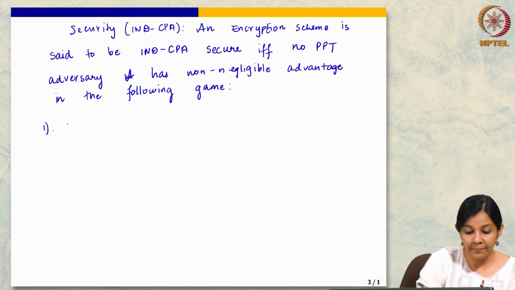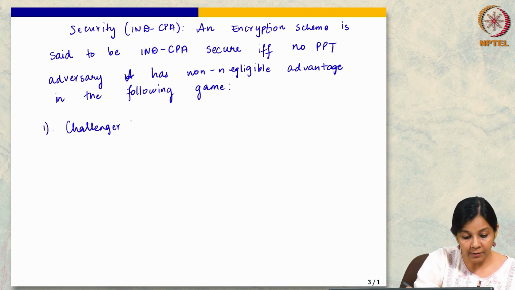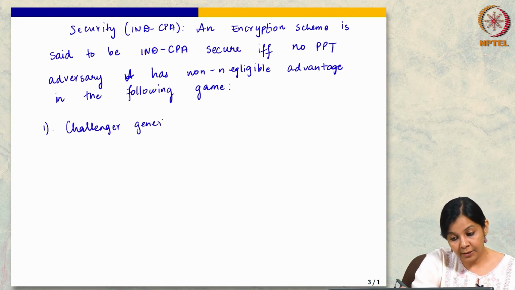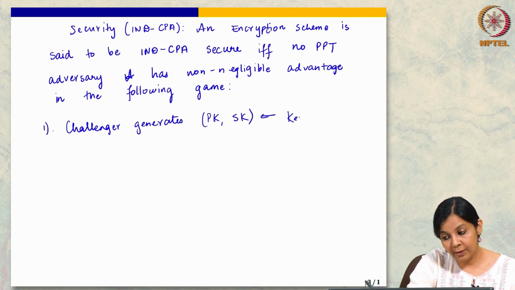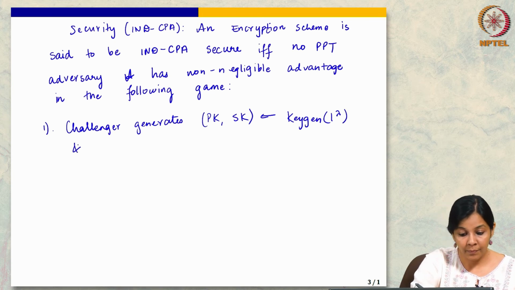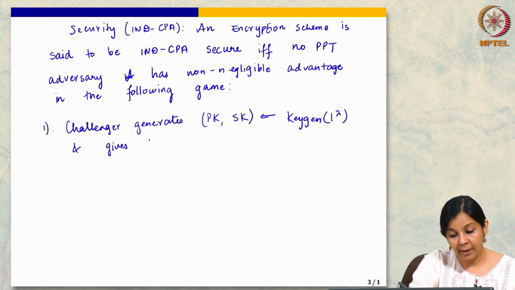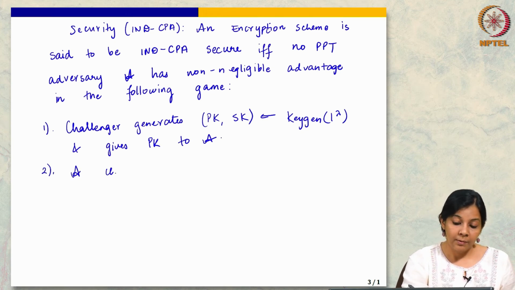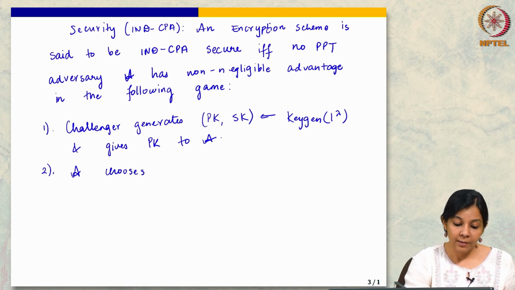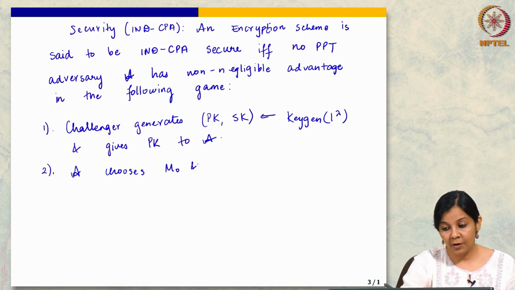So what's the game? We have some algorithm which we call a challenger. The challenger generates PK, SK using KeyGen and gives PK to A. Then A chooses M0 and M1 of the same length.